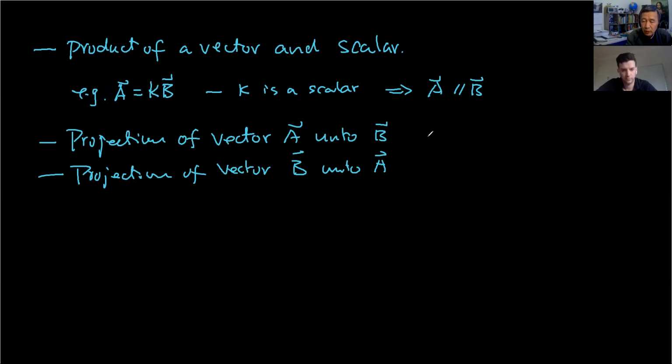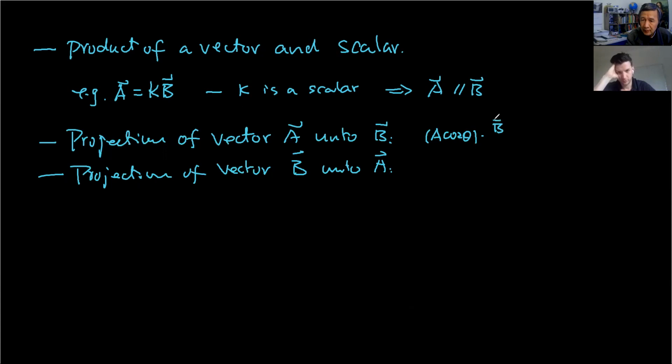For the first one, we know that it will simply equal A cosine theta, multiplied by the direction. What is the direction of B?